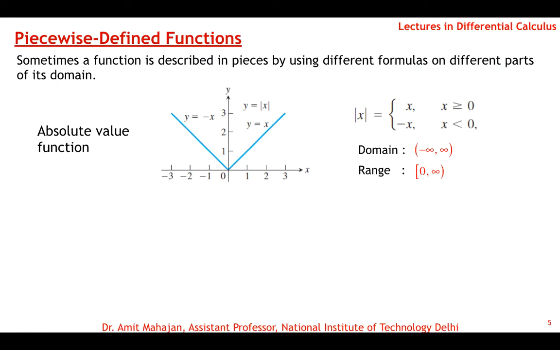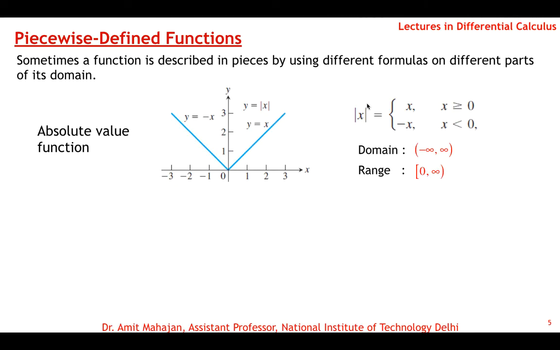For example, the absolute value function, which is generally written as y is equal to modulus of x, is actually a piecewise function. The graph of this function is this blue curve. For x less than 0 it is a curve with slope -1, and for x greater than or equal to 0 the curve is this. So there are two pieces here.